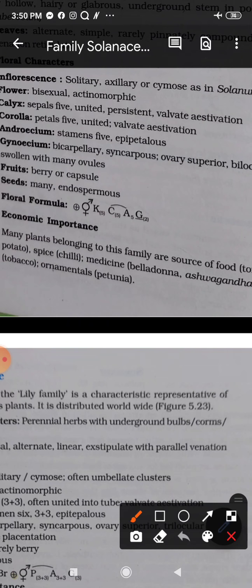From the floral formula we can say that the plants belonging to family Solanaceae are actinomorphic. Right? They are bisexual. Right? Calyx is 5 and it is fused.